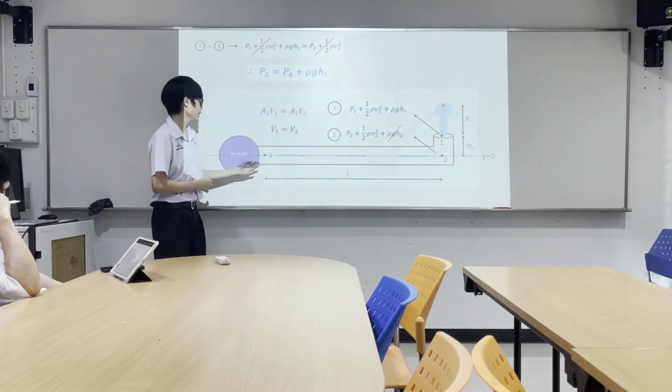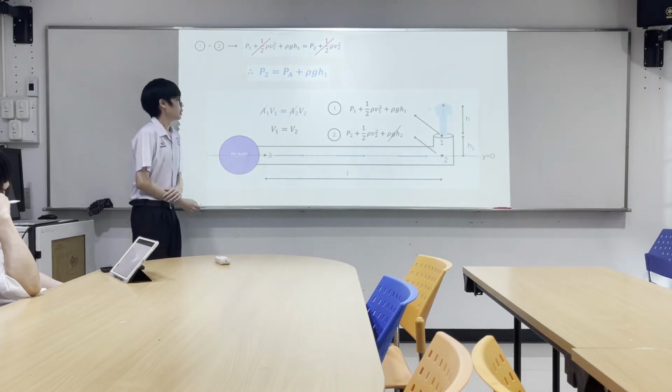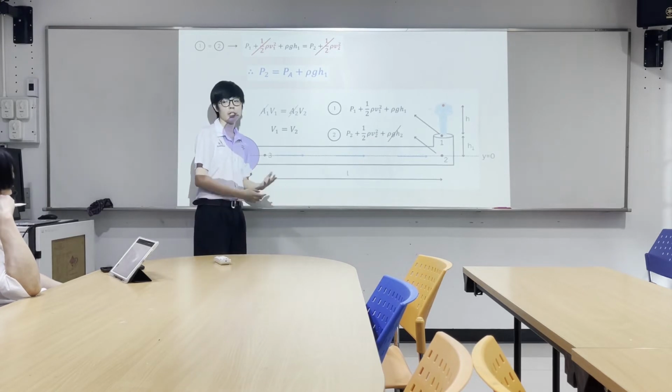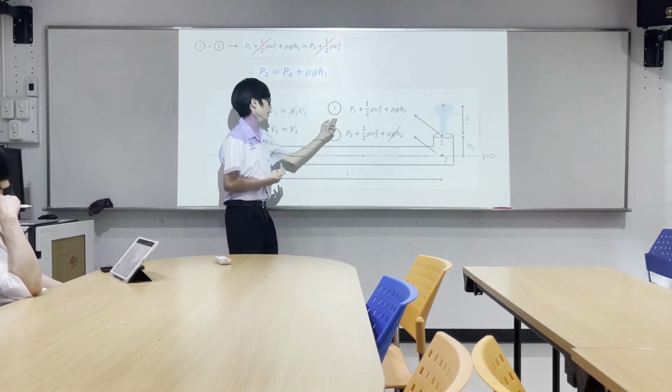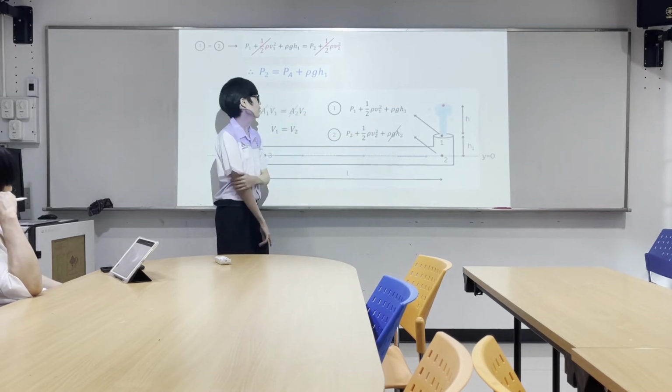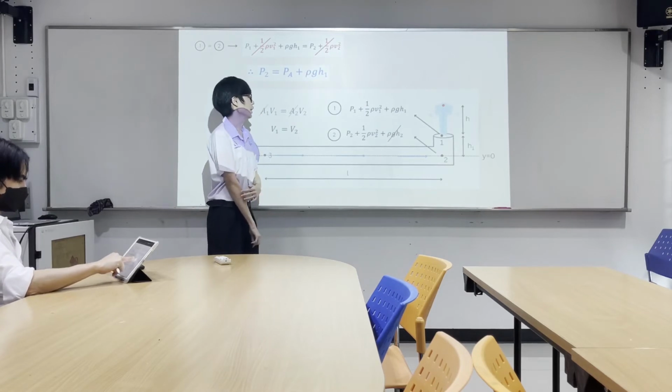So I indicated 3 points right here, point 1, point 2, point 3. So for point 1, from Bernoulli's law, I propose this term P1 plus 1/2 the kinetic energy term and rho g H1.